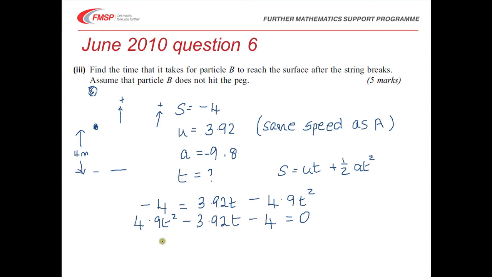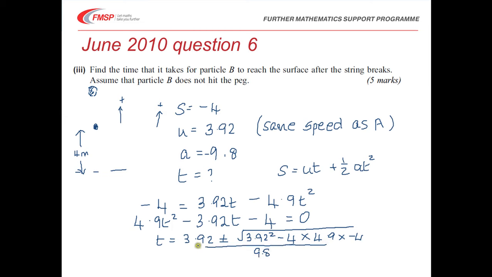And if you do that, you end up with t equals 3.92, so that's minus b, so negative 3.92, plus or minus the square root of b squared, which will be 3.92 squared, minus 4ac, which is minus 4, times a, which is 4.9, times c, which is -4. So you just need to do that quite carefully. I'm not going to go through all that working because you'll be able to use your calculators to do that, and it's over 2a, which is 9.8.